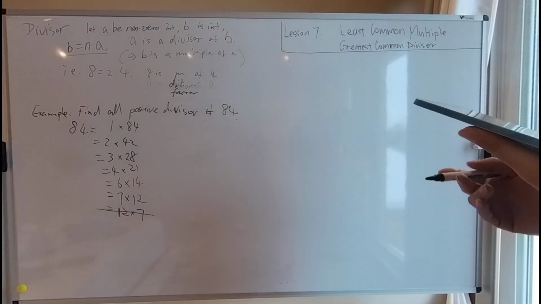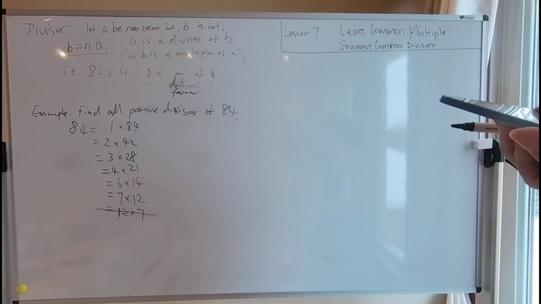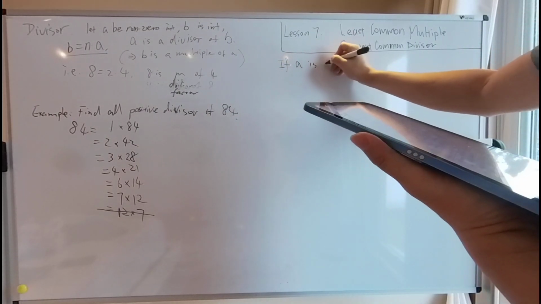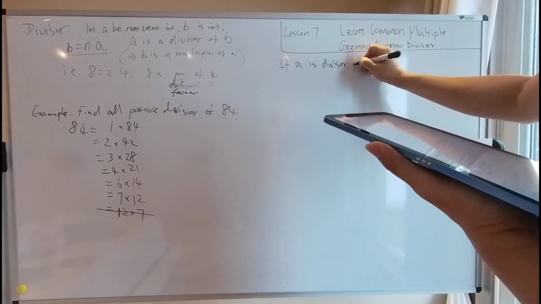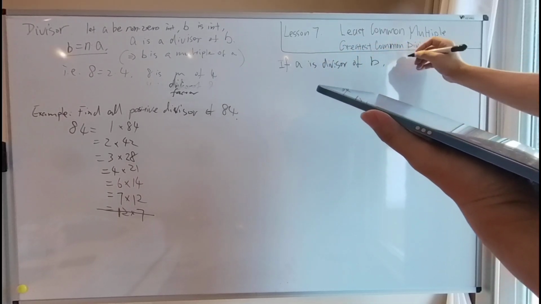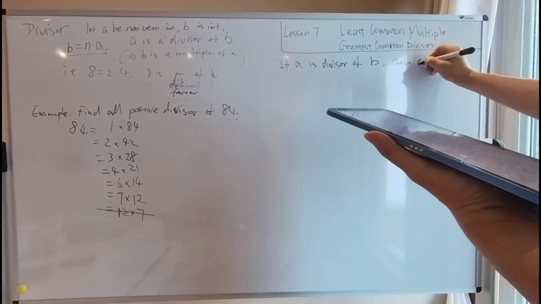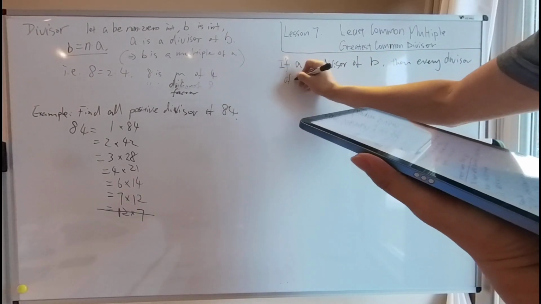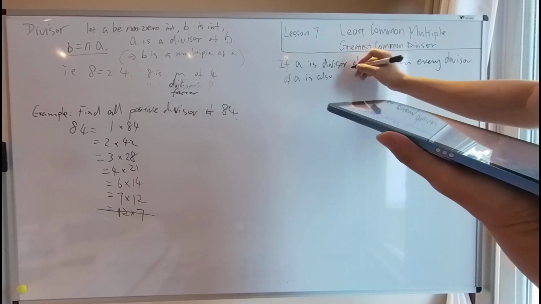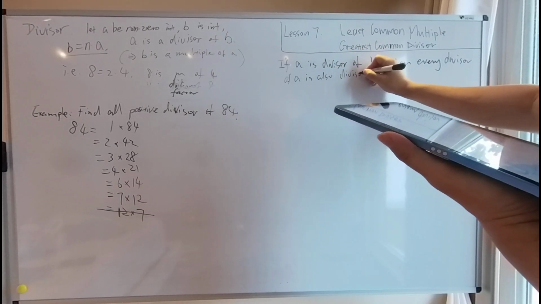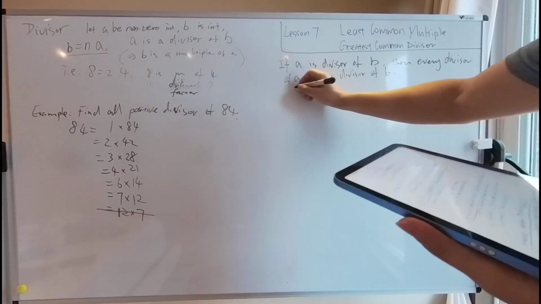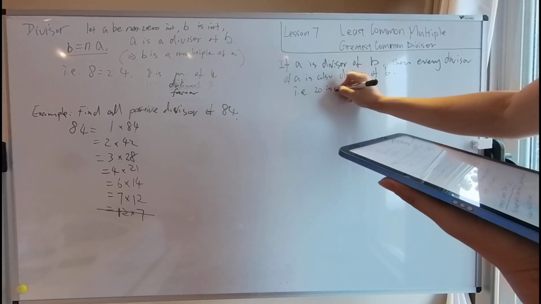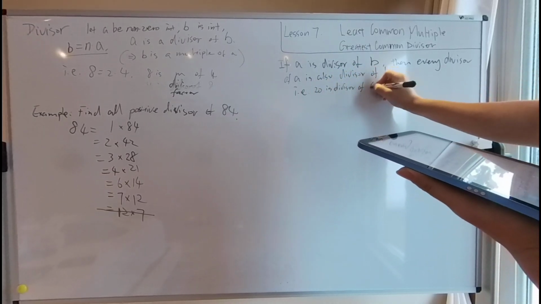So then, similar to what we had for multiples, we also have a similar statement that if A is a divisor of B, then every divisor of A is also a divisor of B. For example, the number 20 is a divisor of 60, right?